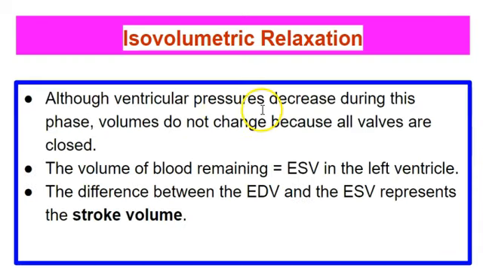Although ventricular pressures decrease during this phase, volumes do not change because all valves are closed. The volume of blood remaining in the left ventricle is called the end-systolic volume, or the end-systolic volume of the right ventricle. The difference between the end-diastolic volume and the end-systolic volume represents the stroke volume.